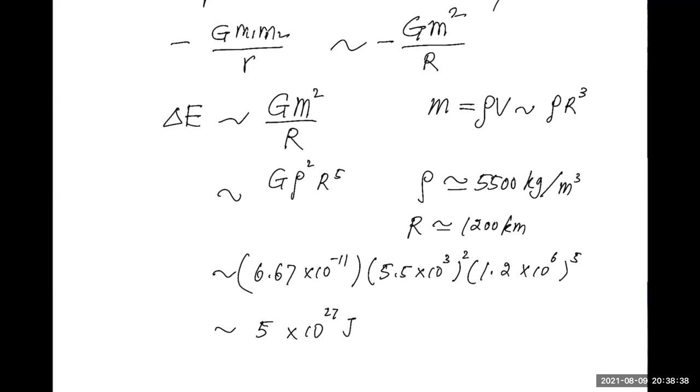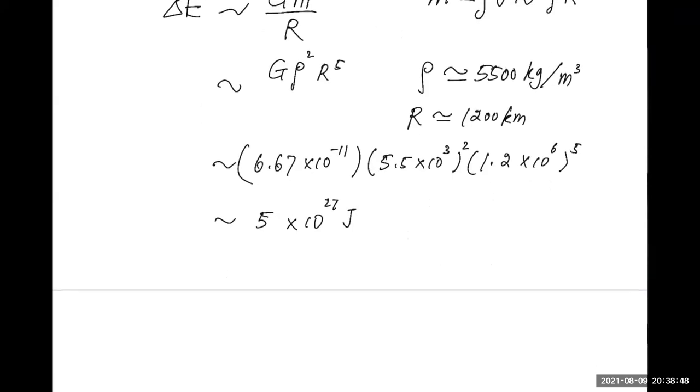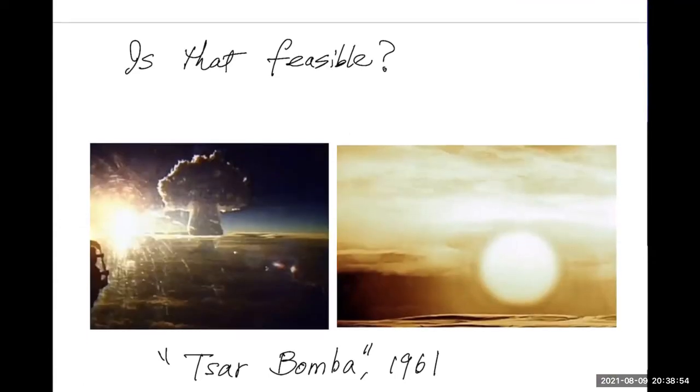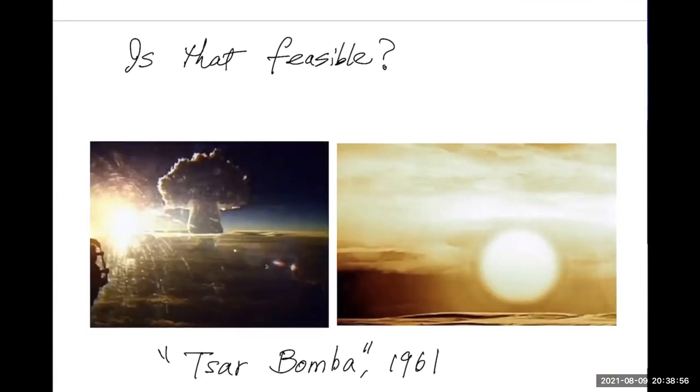Well, what was the largest human-made explosion in the history of humankind? That honor, or dubious honor, would belong to what's called Tsar Bomba. It was a hydrogen bomb detonated by the former Soviet Union in the year 1961.